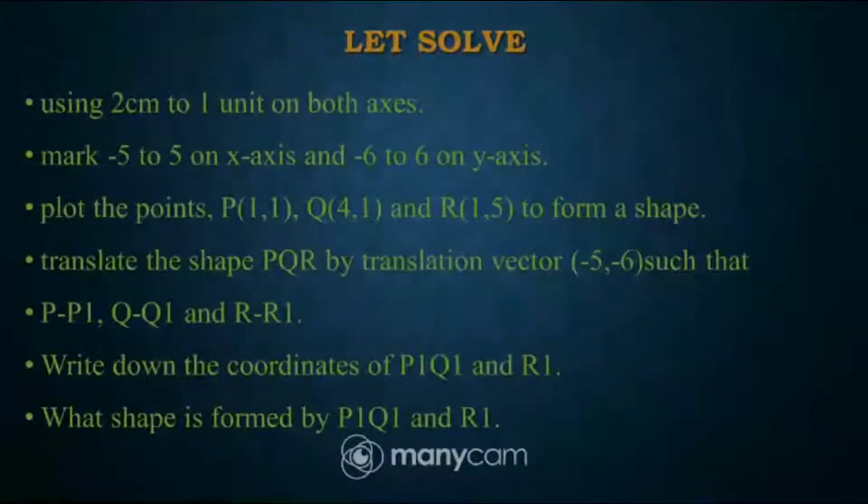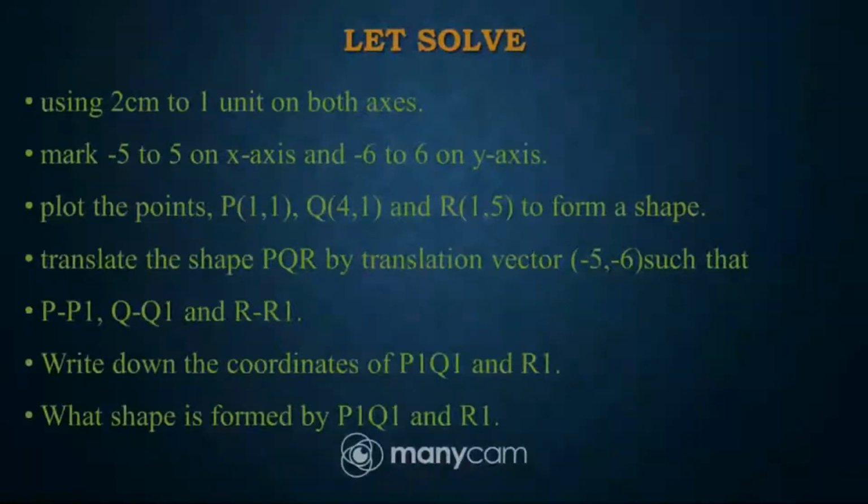Mark -5 to +5 on the x-axis and -6 to +6 on the y-axis, which means the end of the negative side of the x-axis must end with -5, and the end of the positive side must end with +5. So start from 1 to 5, and 1 to -5 from the origin.